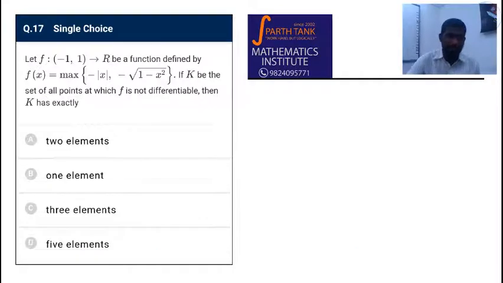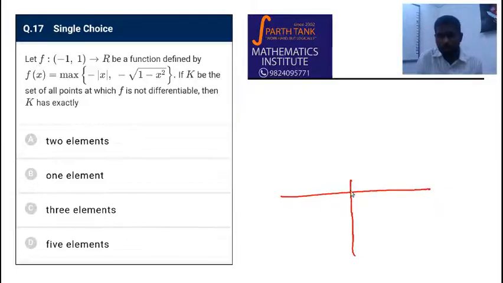Question number 17. Let f be from minus 1 to 1 to R, a function defined by f of x is the maximum of minus of mod x and minus of root of 1 minus x squared. Now you see, what is this? Minus of mod x is easy to plot.